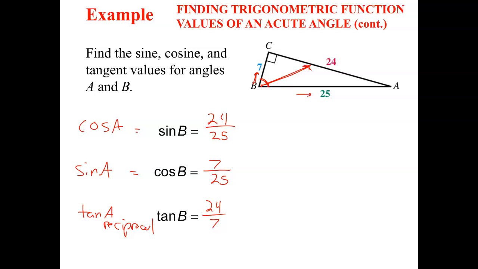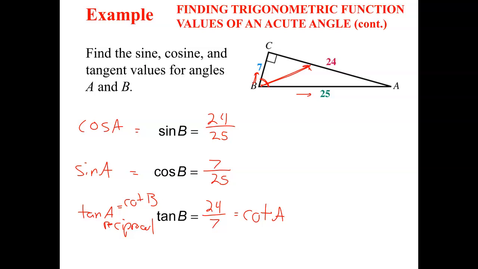But what do we think is the co-function for tangent? Cotangent. Tangent and cotangent are co-functions. Okay, so tangent of B is going to be equivalent to cotangent of A. And tangent of A is going to be equivalent to cotangent of B.